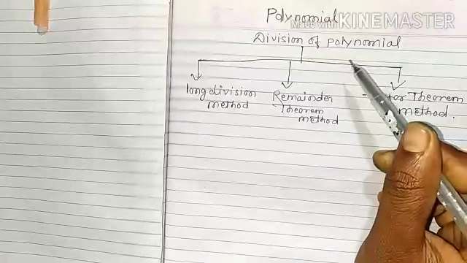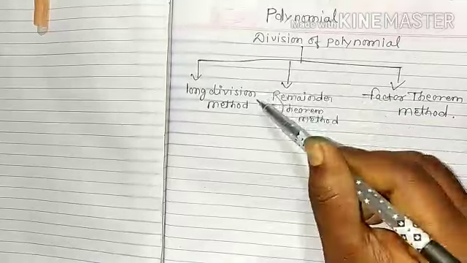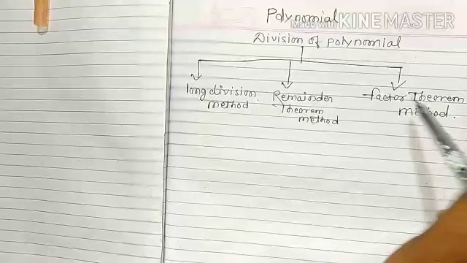Three methods to divide polynomials: long division method, remainder theorem method, and factor theorem method.